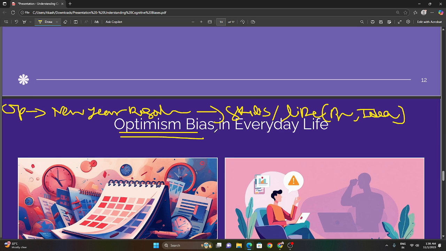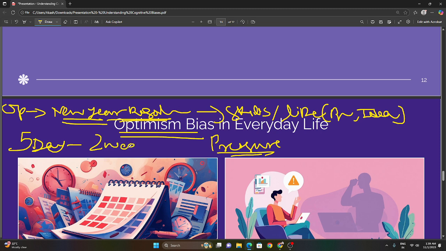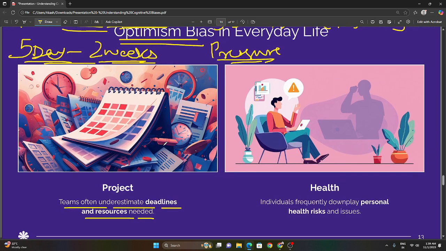It affects our choices, our psyche, and creates a certain kind of pressure, and very few people can handle that level of pressure. That's why new year resolutions always end within 5 days to 2 weeks. Most end because of this optimism bias.